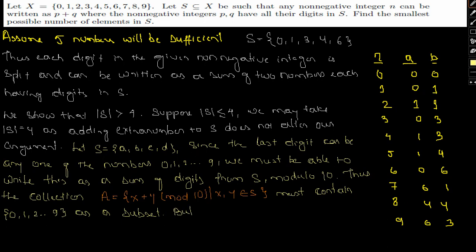But A has at most 10 elements, which are basically 2 plus 4 choose 2 combinations.